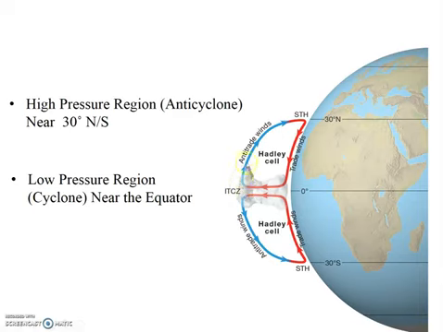And eventually, at approximately 30 degrees north and south, the air is cool enough that it starts to descend again, creating a high-pressure cell right around 30 degrees north and 30 degrees south. Indeed, right around 30 degrees north and 30 degrees south, there's a fairly consistent region of high pressure with cloudless skies.